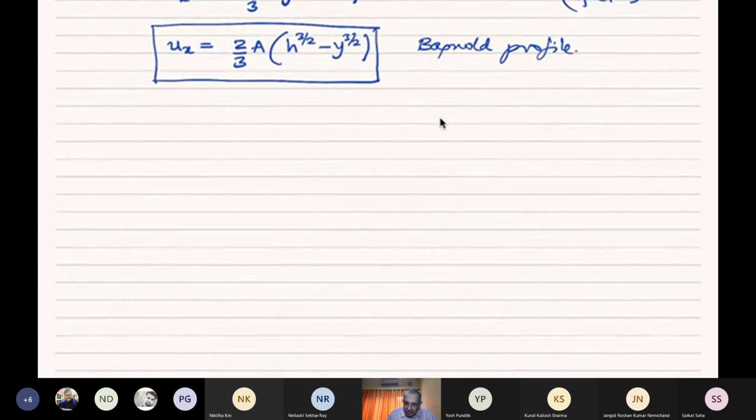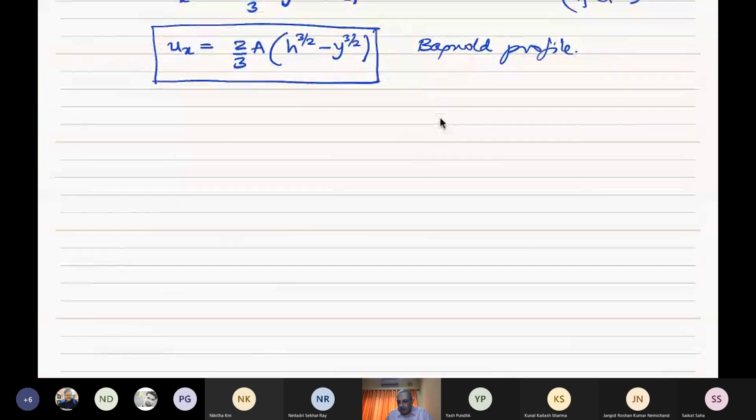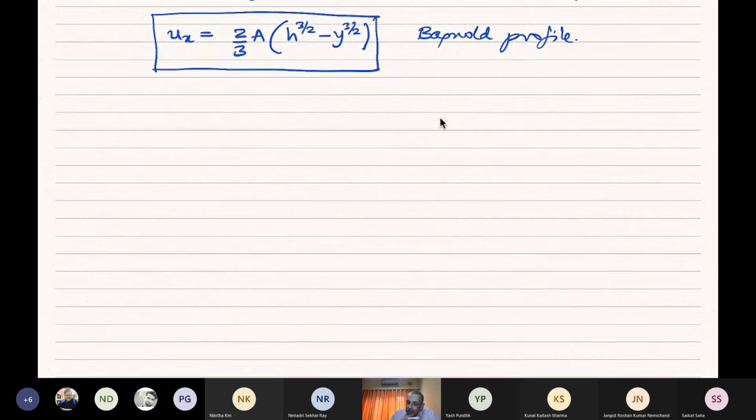Now I've shown you how well the Bagnold profile works. It gives such a good agreement with the computational results. And I can show you even more. Some students who have worked in our lab have shown really excellent results, and I'll put some of those results up also.